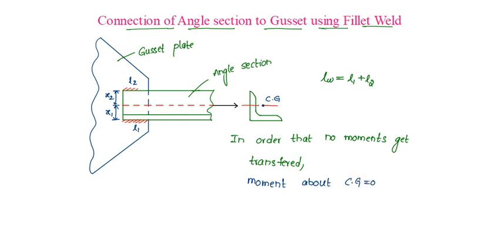That is, the moment of the top weld about CG will be equal to L2 into its distance, which is x2, whereas the moment of the bottom weld will be L1 into its CG distance, which is x1. Then using these two equations 1 and 2, we can find L1 and L2.